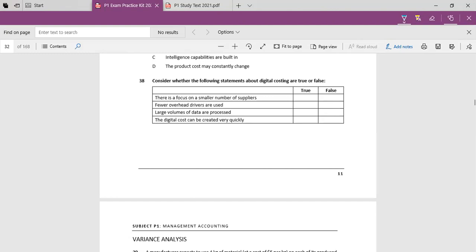Large volumes of data are processed. Yes, the customer base would be large, because everything is through electronic mode. So definitely the customer base would be large. The digital cost can be created very quickly. That also can be taken.